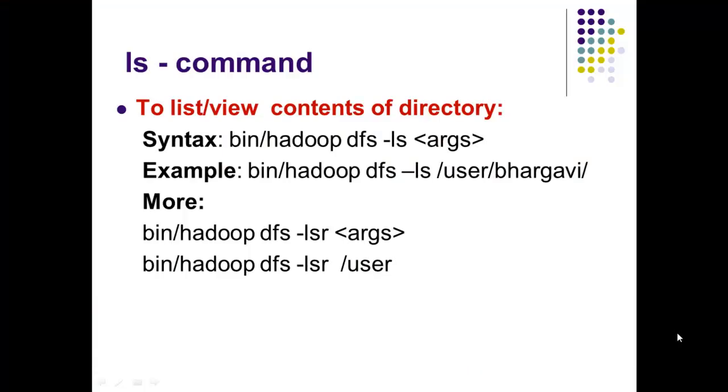Most of the basic Unix commands like ls, mkdir, rm, etc. work with HDFS also. First we will see the ls command. To list or view the contents of a folder, ls command can be used. The syntax is Hadoop DFS -ls and the arguments.